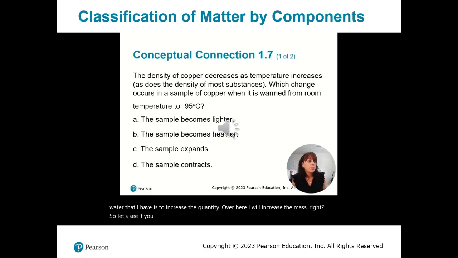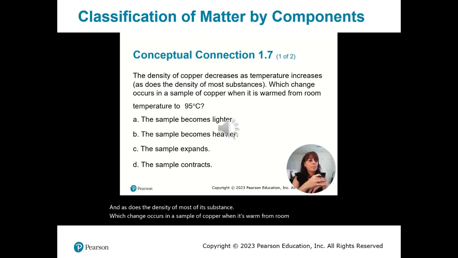The density of copper decreases as temperature increases, as does the density of most substances. Which change occurs in a sample of copper when it's warmed from room temperature to 95 degrees Celsius?